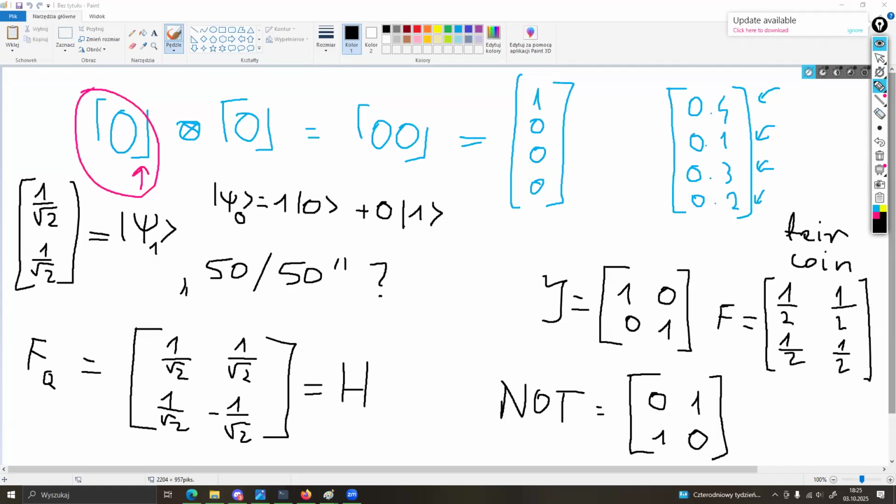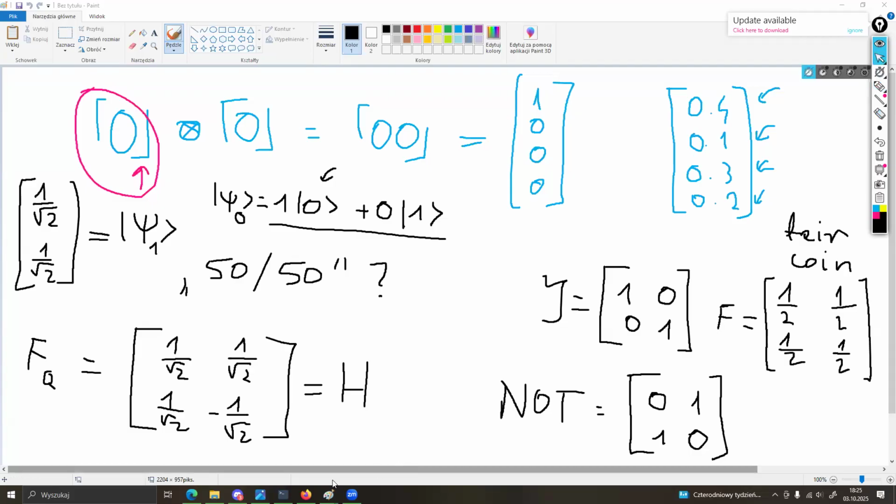Let's not diverge from it. So this gate is a Hadamard gate. What it achieves is exactly what we have said here. It allows us to transition from the state 0 into our, let's say, fair coin flip state.